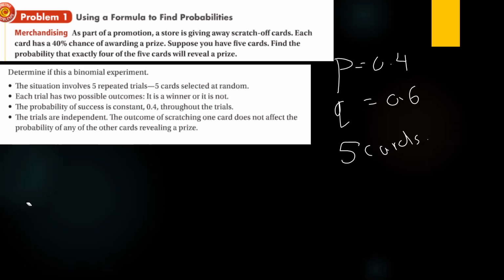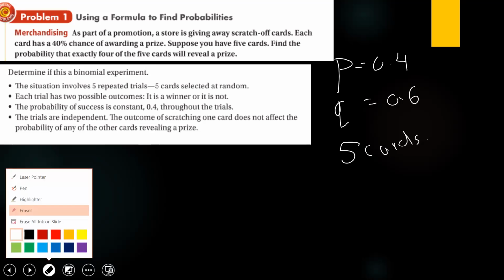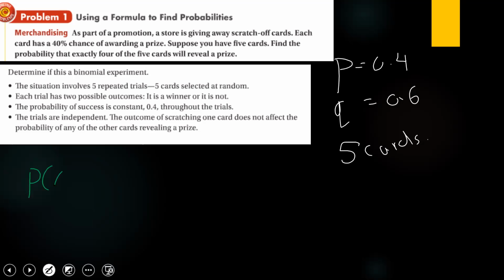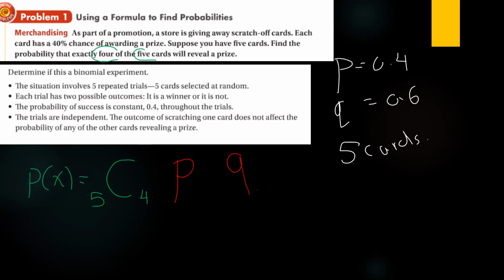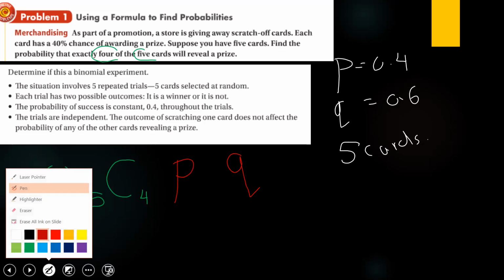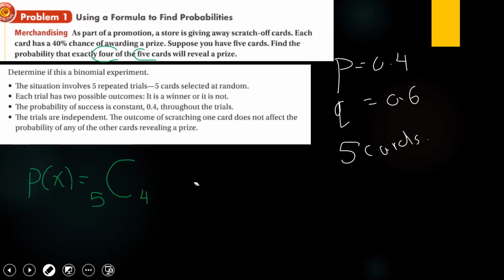We will say that the probability of X is C, they told me 4 from 5, then P to the power 4 times Q. Now instead of P, I will write 0.4, and instead of Q, I will write 0.6.